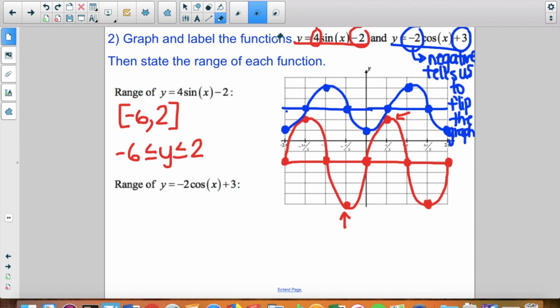Now looking at the cosine graph, the lowest point is going to be all the points that are along that line, which is 1. The highest point, which is around there, is 1, 2, 3, 4, 5. Second way to write this is 1 less than or equal to y less than or equal to 5.